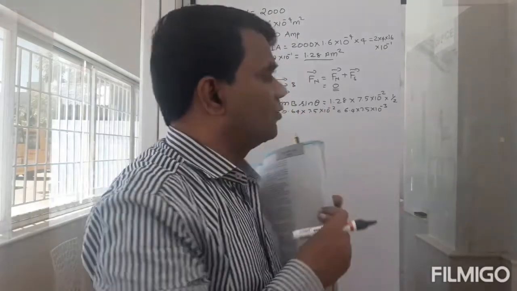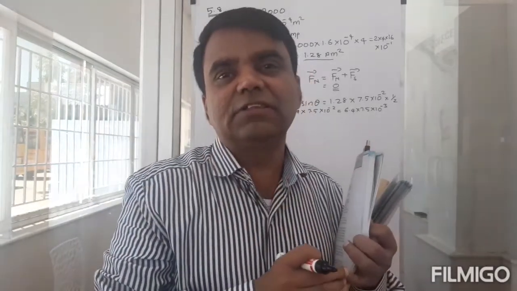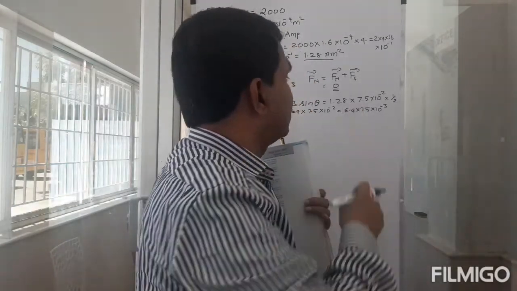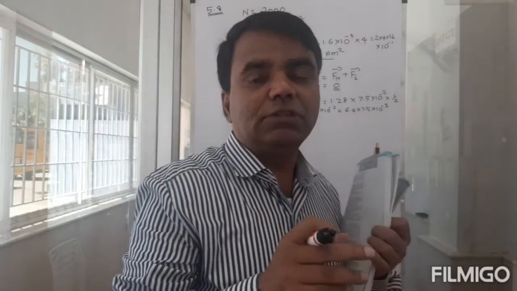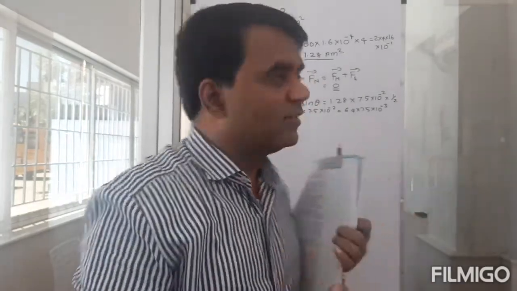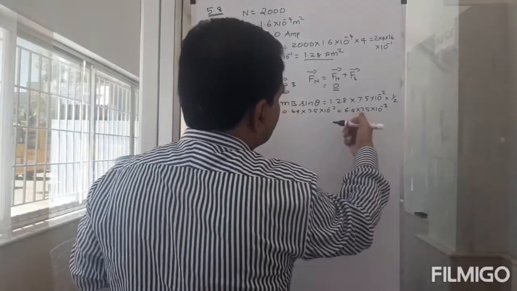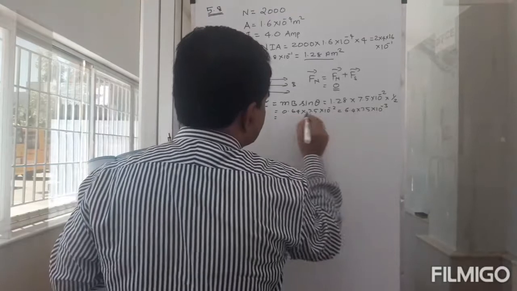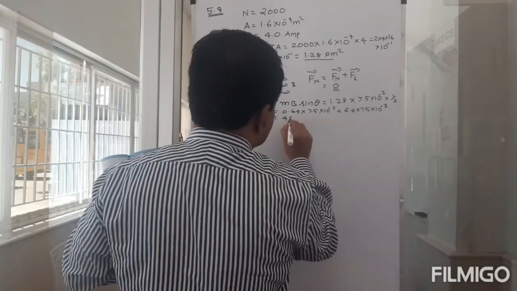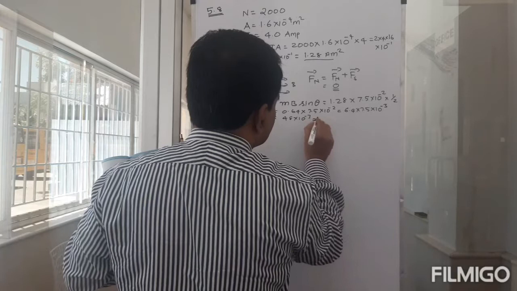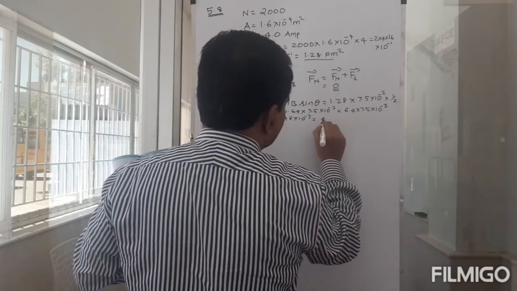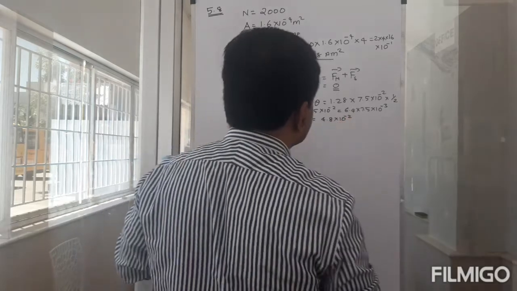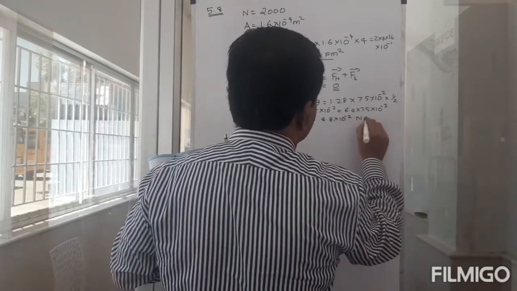Then plus 0.4 times 7.5, roughly 3, so you're going to get 48. When you multiply these two, you get 48 into 10 power minus 3, or 4.8 into 10 power minus 2 Newton meter.